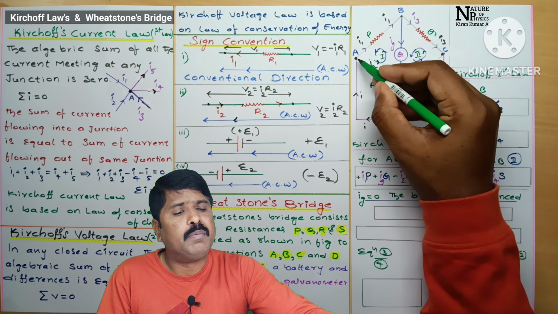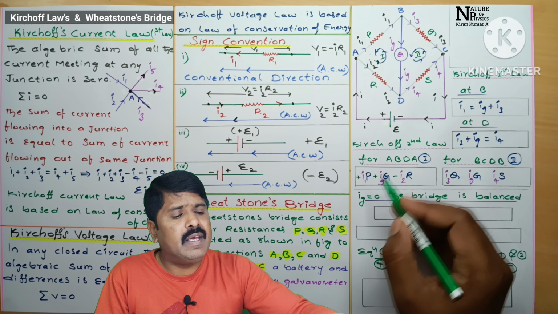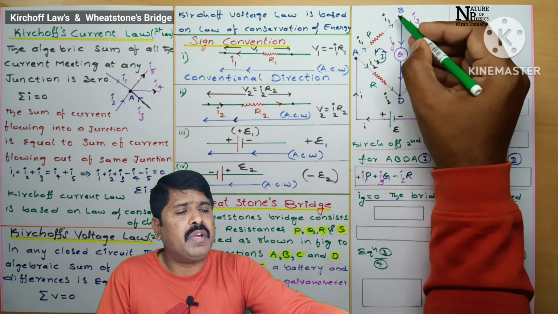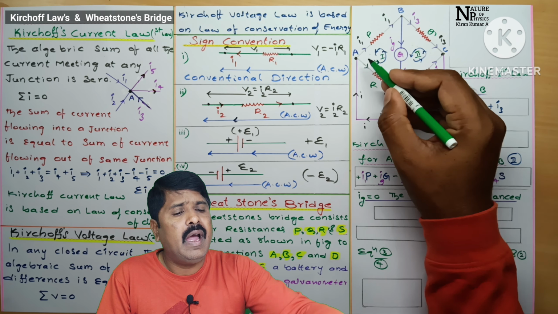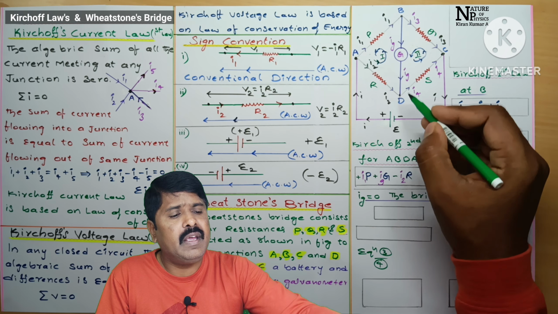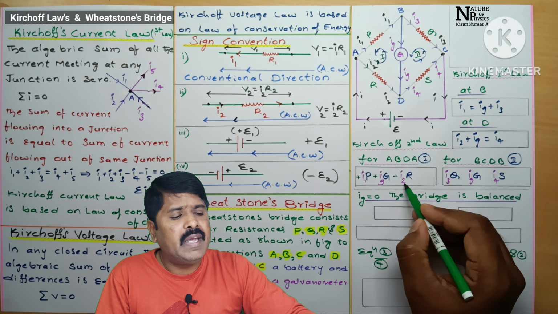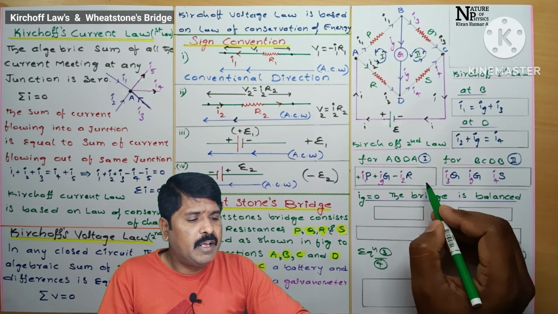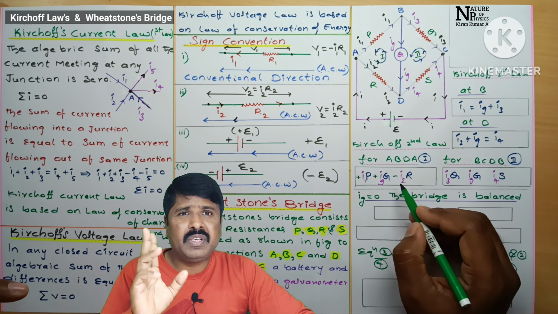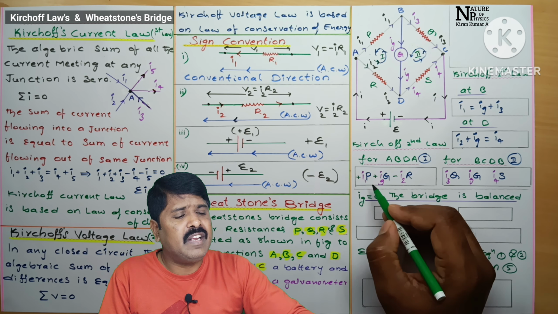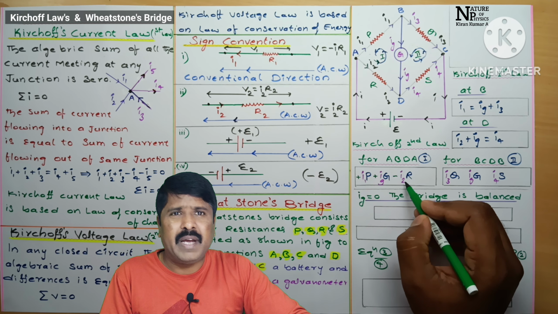See, the potential difference across AB is I1P, the potential difference across BD is IGG, and the potential difference across A and D is minus I2R, clearly represented. Once again repeating, if the current direction and conventional direction are the same, that current is taken as negative. The best example is minus I2.